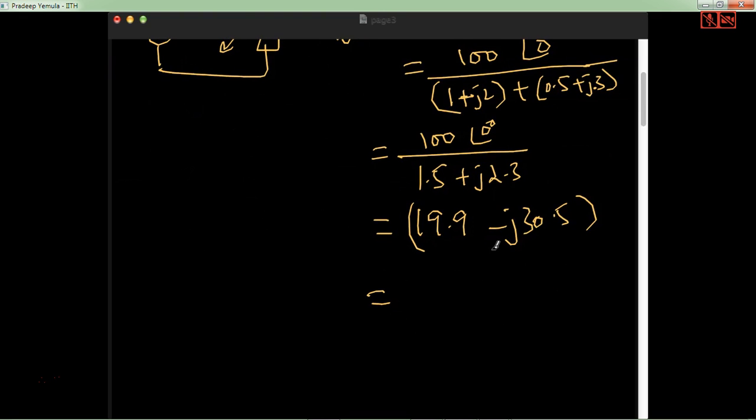So if I convert this into polar form, I'll get 36.4 angle of minus 56.9 degrees.